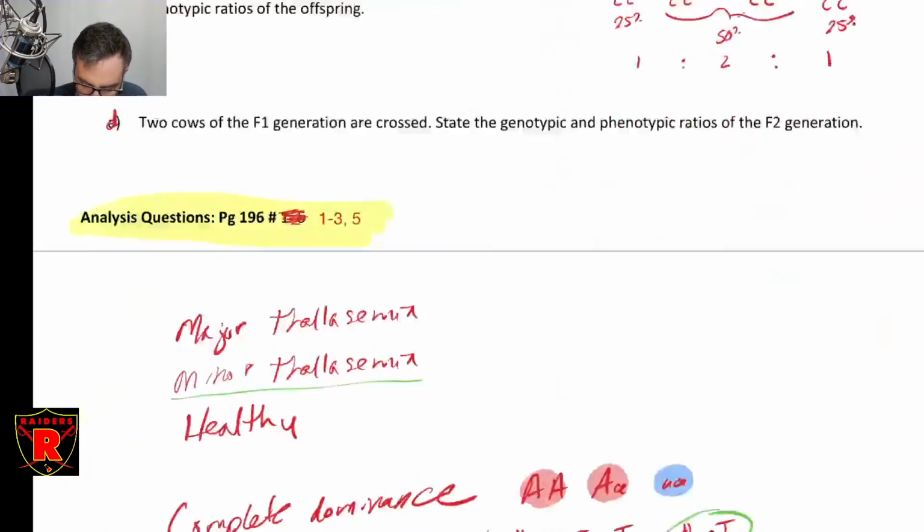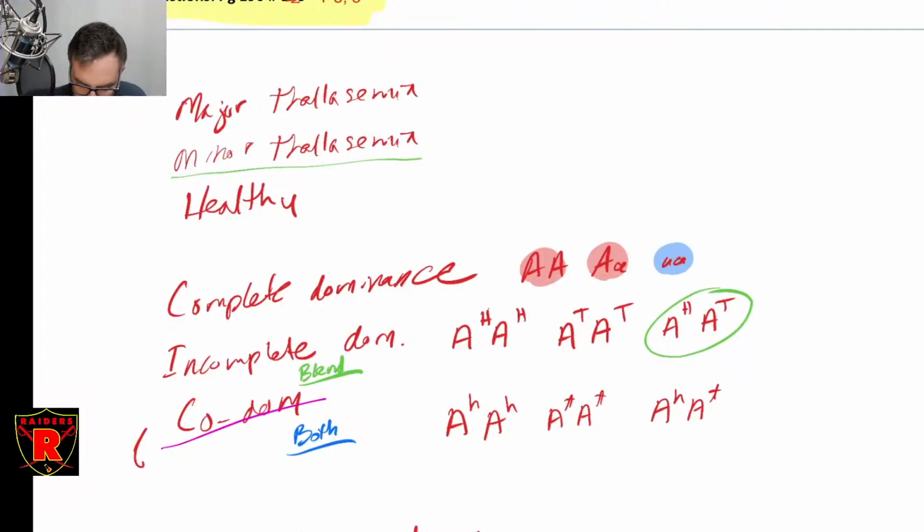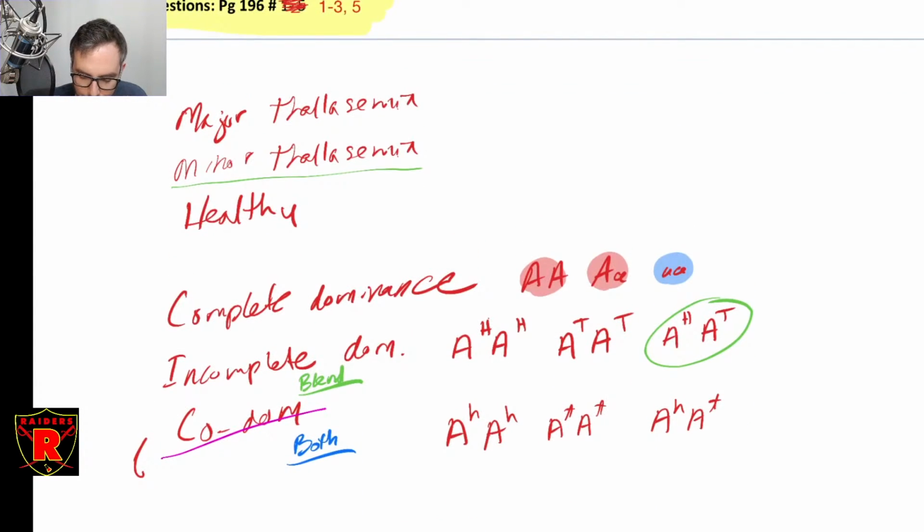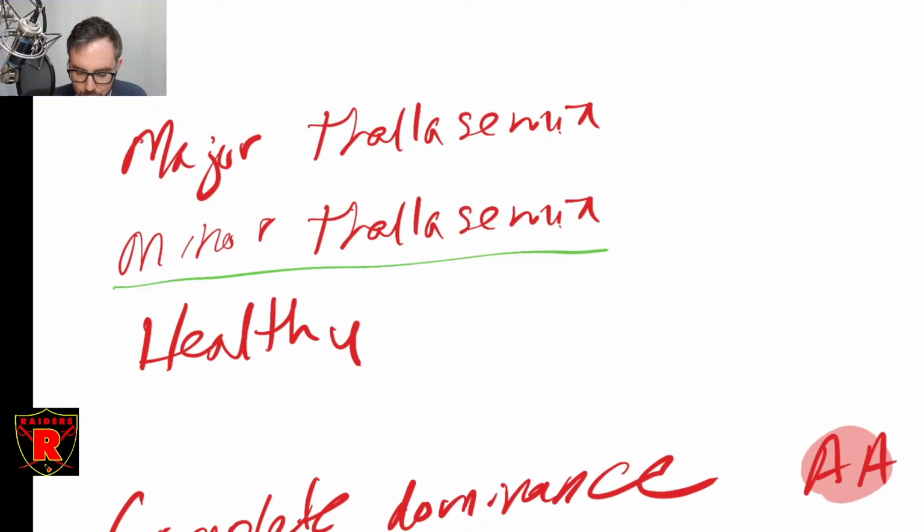So one thing I wanted to do, somebody mentioned the thalassemia idea here, which is the idea of how do you know what type of expression thalassemia is? Okay, so thalassemia, I better double check this. I don't want to get this wrong.